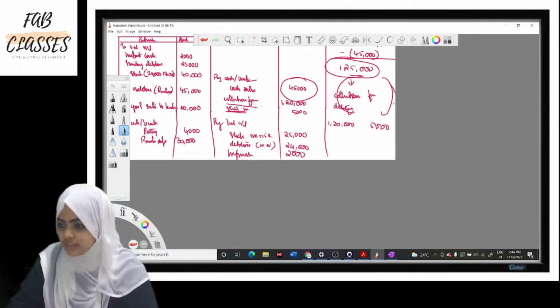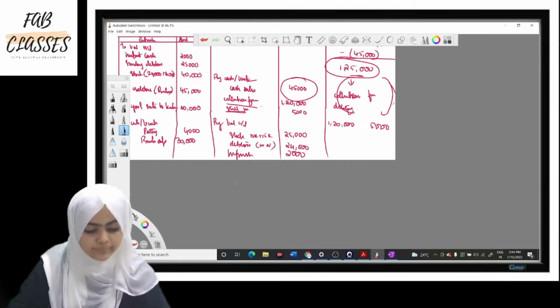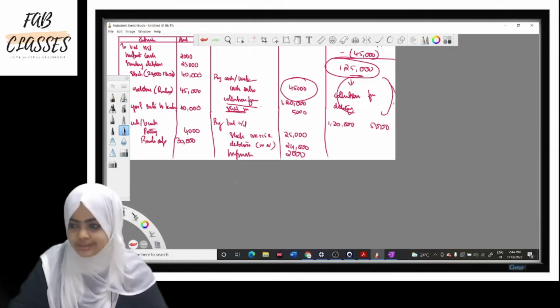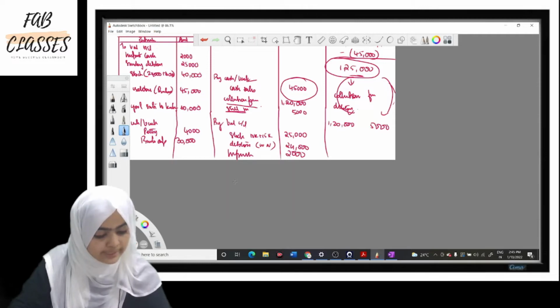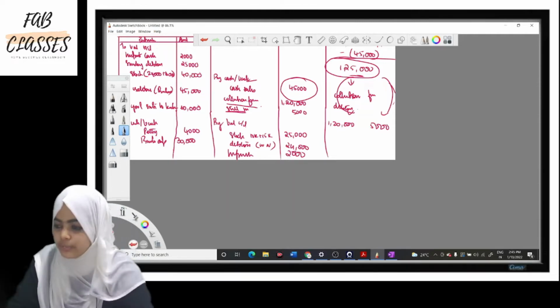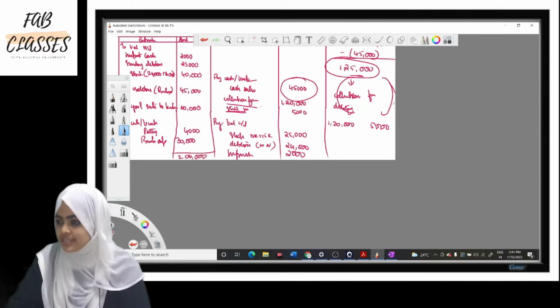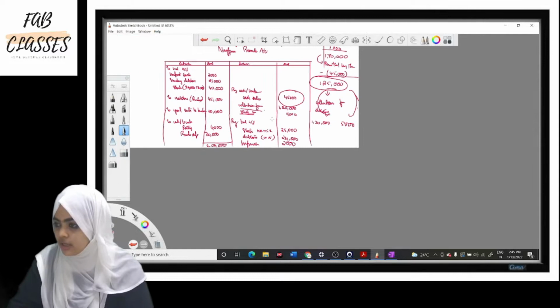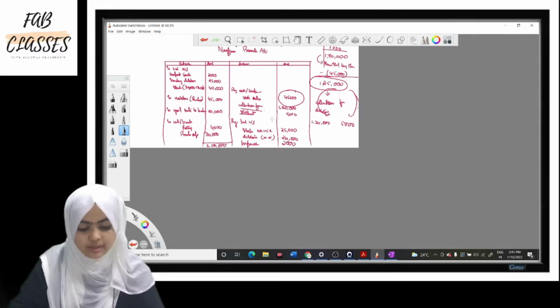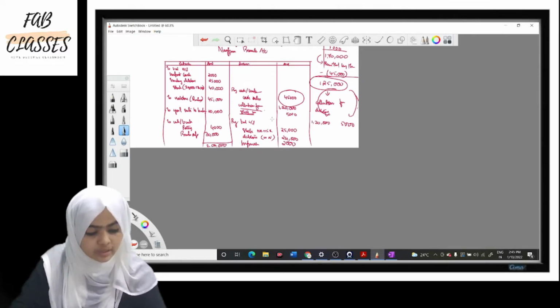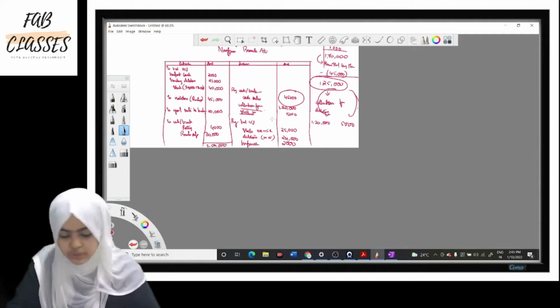2,000, 25,000, 40,000, 45,000, 60,000, 4,000 plus 30,000. The total here would be 2,06,000. Now let us have a look at this side: 45,000 plus 1,25,000 plus 25,000 plus 24,000 plus 2,000.